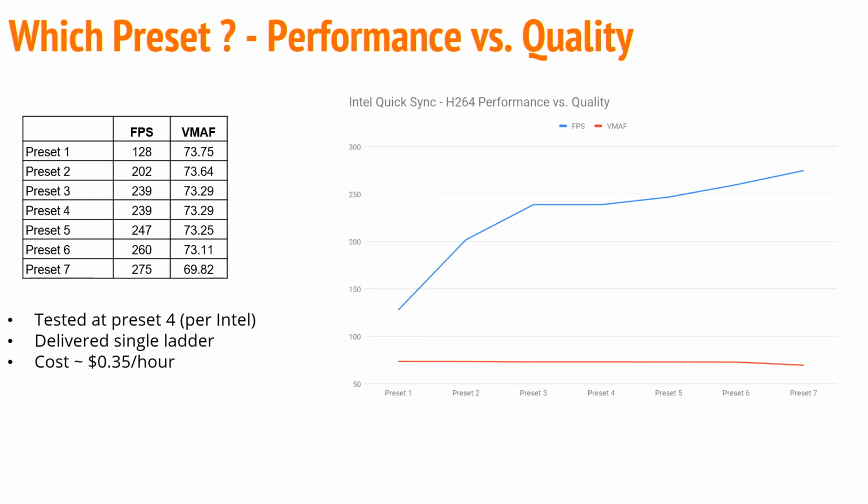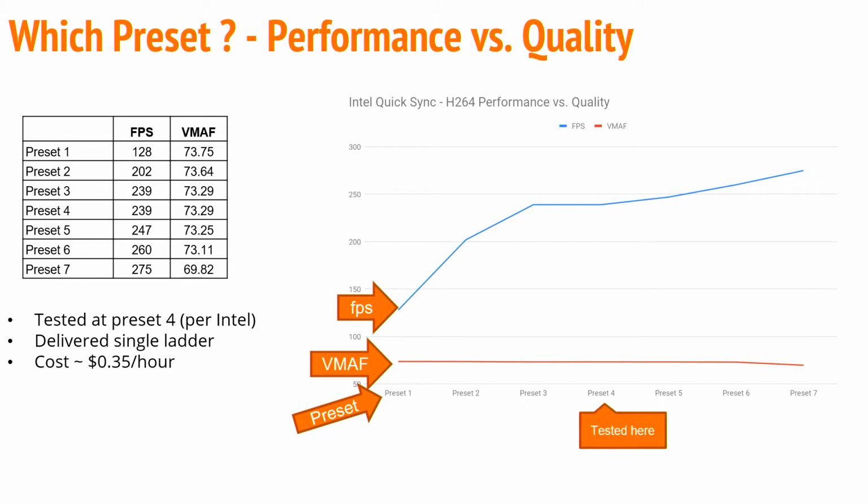So we see preset 1 is the slowest, highest quality preset. Preset 4, 5, and 6, you see quality really go up here and then slow down. And you really don't see that much drop in quality at all. So Intel said, let's test with 4. So we tested with 4. So we used preset 4 in all the tests we did with Intel.